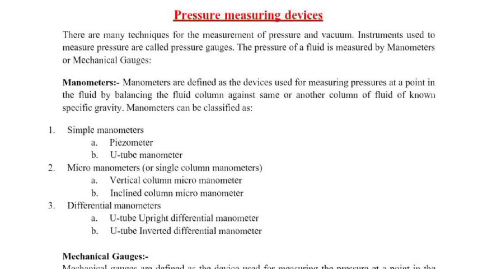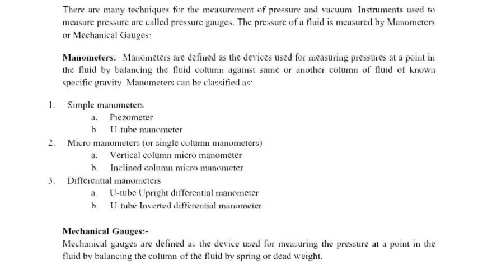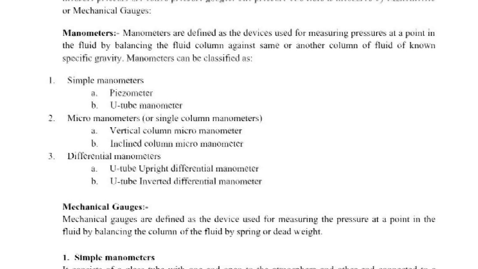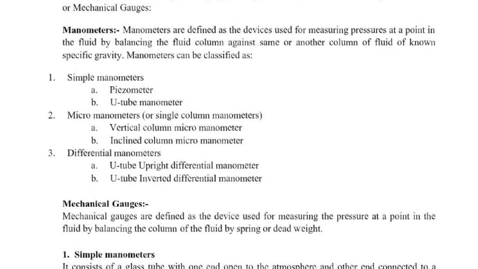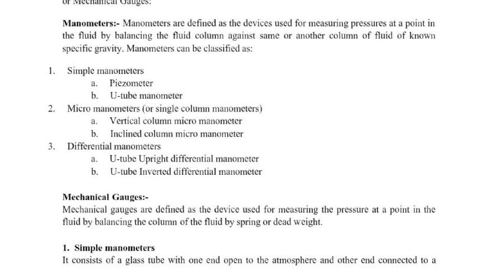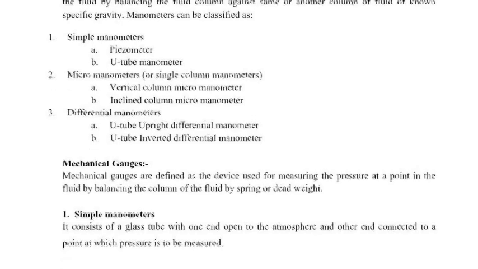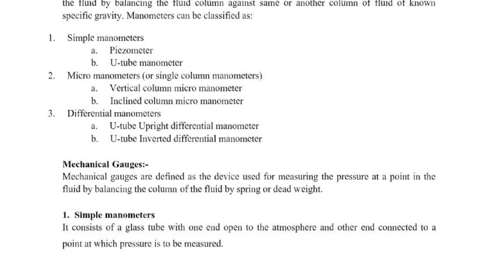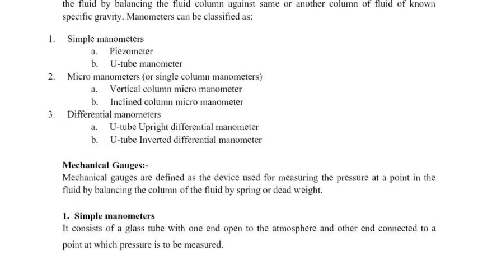There are three types of manometers. First, simple manometers, which use the piezometer tube and the U-tube manometer. Next are micromanometers or single column manometers, which are vertical column manometers or inclined manometers. Third are differential manometers, such as the U-tube inverted manometer.